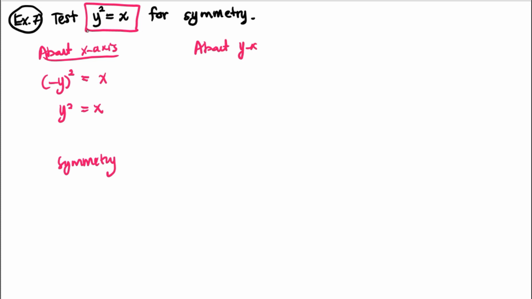About the y-axis, we have y squared, we replace the variable x with negative x, so it is not going back to the original, because we cannot do anything here, so it is not equal to this one, therefore it is not symmetry. Now what about the origin?